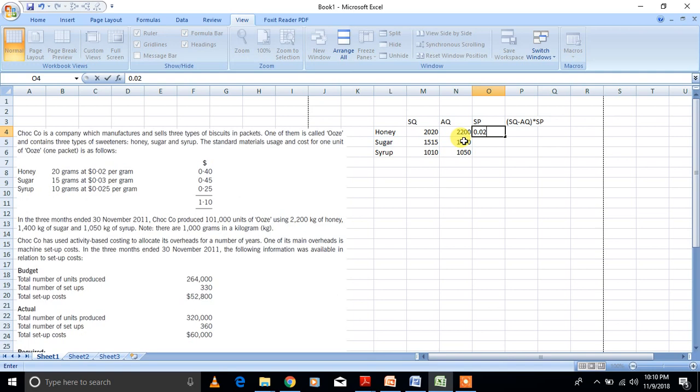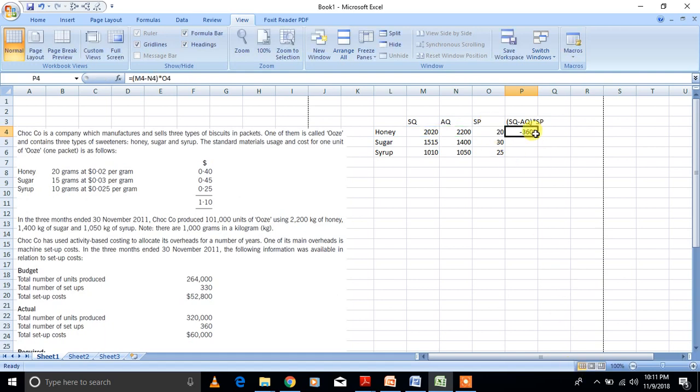If 1 gram is 0.02, per kilogram it has to be multiplied by 1000. That's the per kilogram price, equal bracket this minus this close bracket multiplied by standard price.